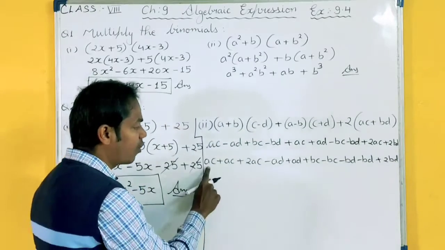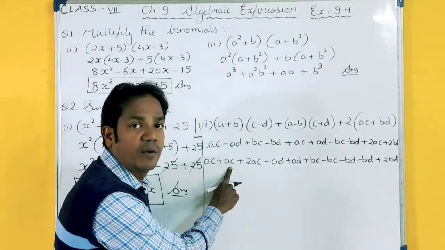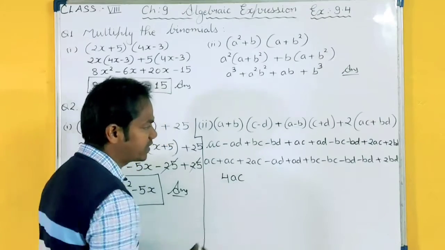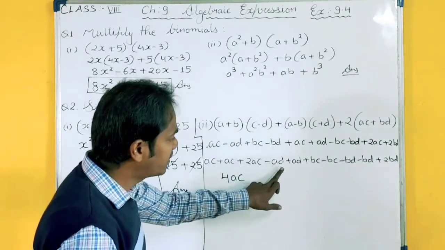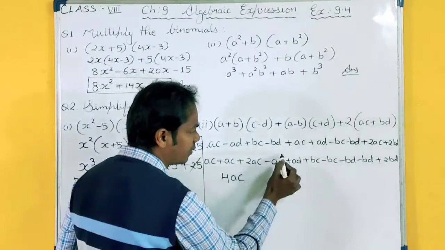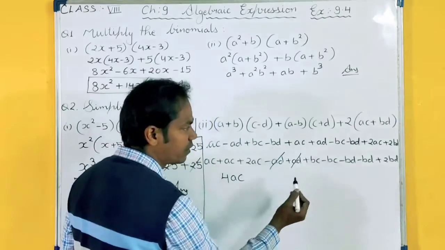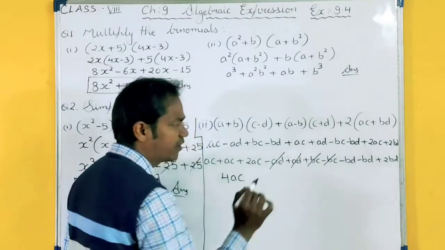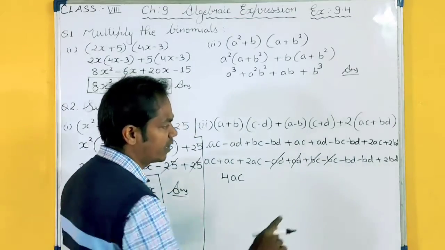Okay. Now AC plus AC will become 2AC. 2AC plus 2AC will become 4AC. Minus AD and plus AD, so minus plus reduce. Again one positive BC and one negative BC, so these all are reduced here only.